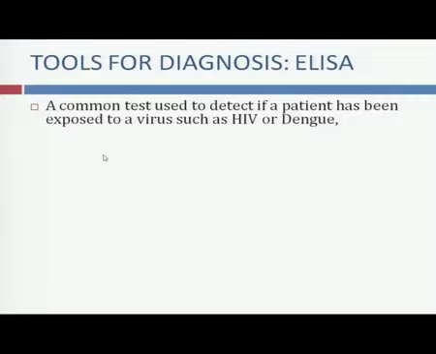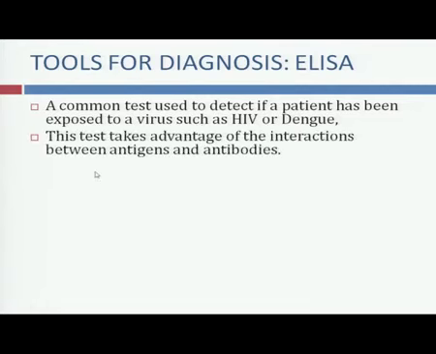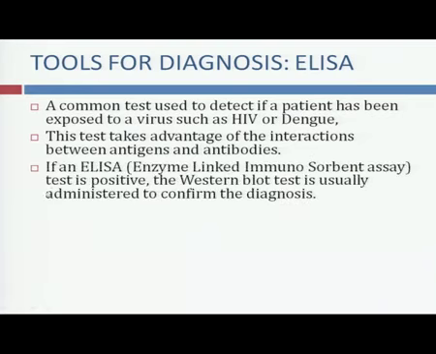One of the tools that are used for its diagnosis is ELISA. ELISA can be used in fact to detect any viral infection, any virus. This test takes advantage of the interactions between antigens and the antibodies. The full form of ELISA is enzyme linked immunosorbent assay, and if this is positive, a Western blot test is usually administered to confirm the diagnosis.